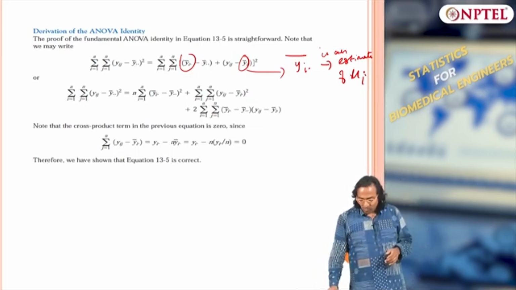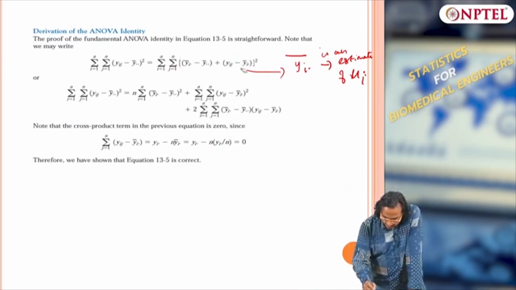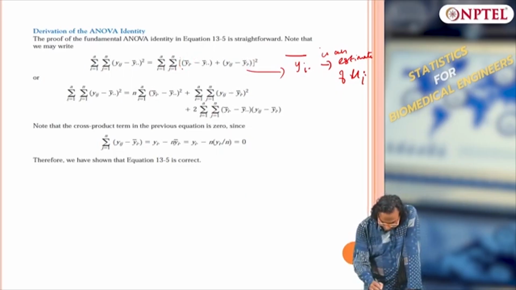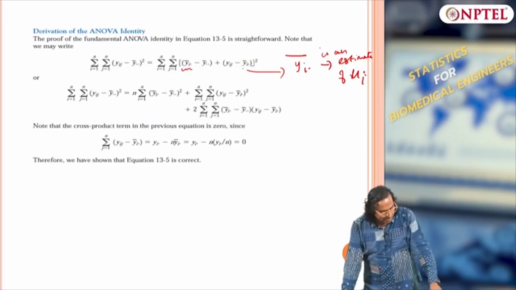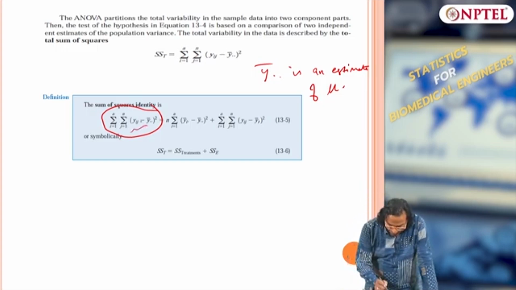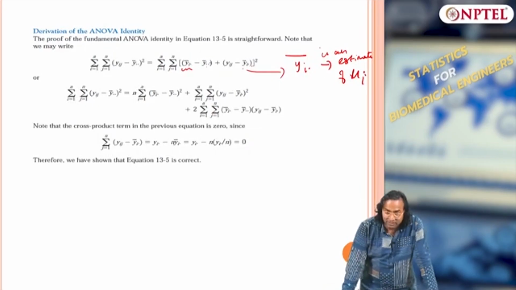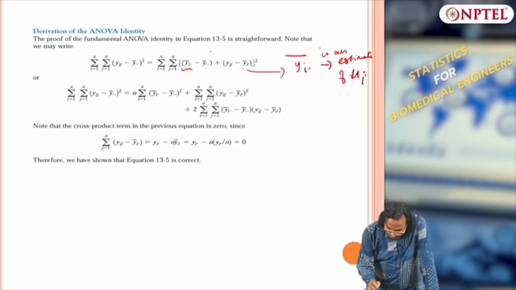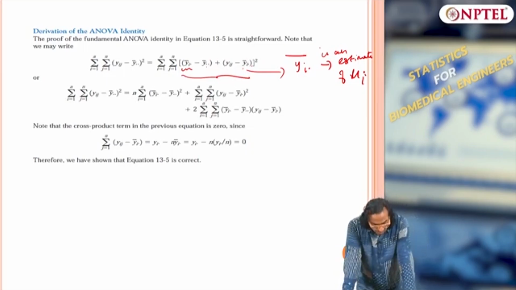So now I am adding and subtracting mu I on yi dot bar. I have added and subtracted, and then rewritten this entire equation. So now what is this? This is basically a plus b the whole squared, right.